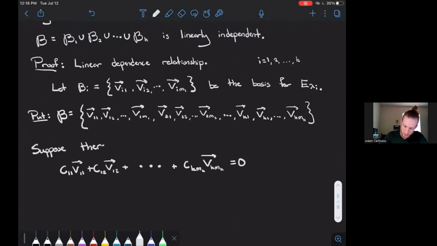And I want a non-trivial linear combination here. So suppose that there's a non-trivial linear combination of these basis vectors that gave me the 0 vector. All I'm going to do is insert a bunch of parentheses.